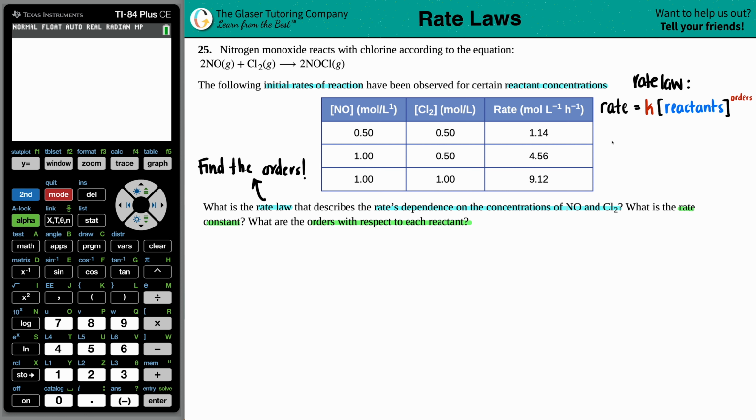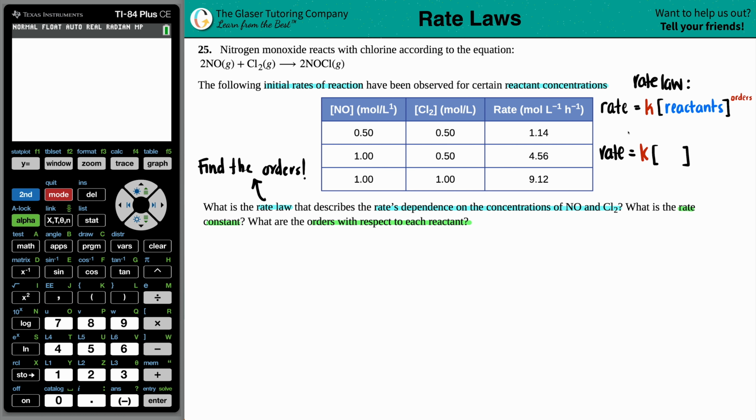So our rate law has to be some type of rate equals K times the concentration of the reactants. Now, in this case, we have 2 reactants according to the balanced equation, and they do list those reactants in the chart. NO is a reactant. It's on the left side. Here's the concentration for NO. Cl2 is a reactant, and here are the concentrations for the Cl2.